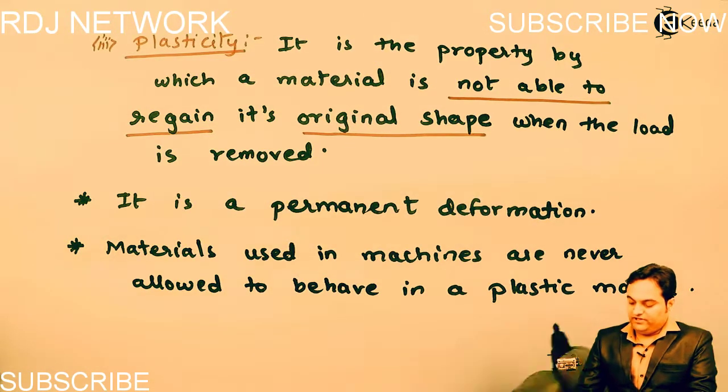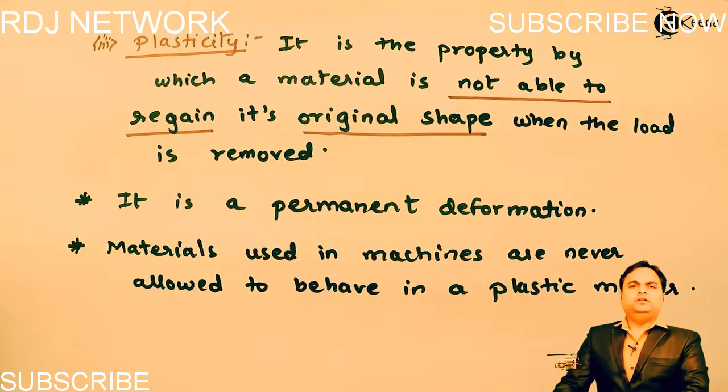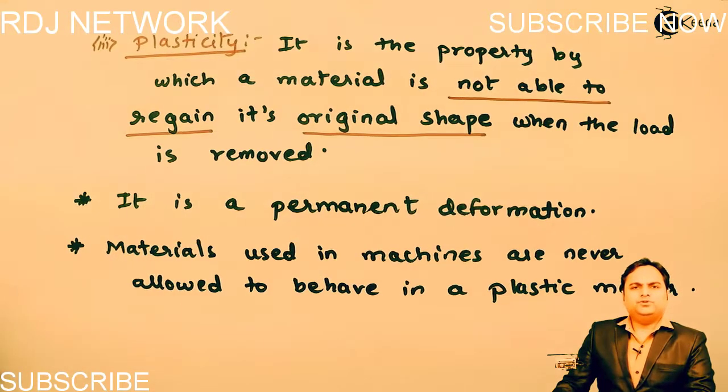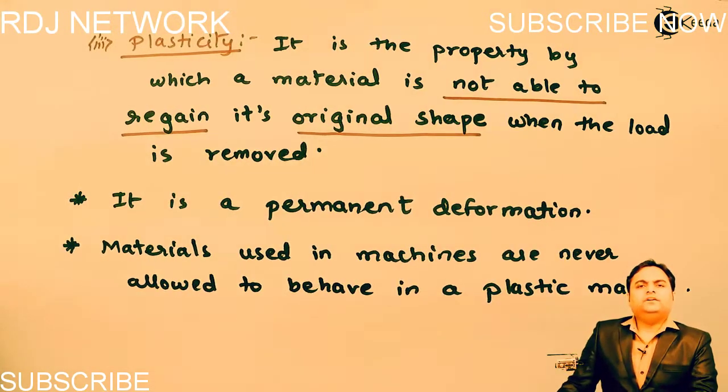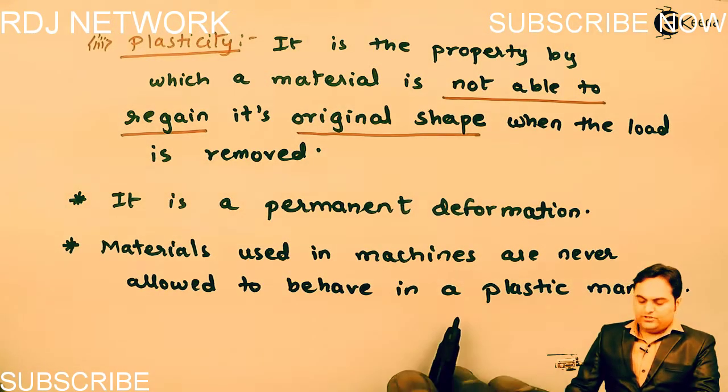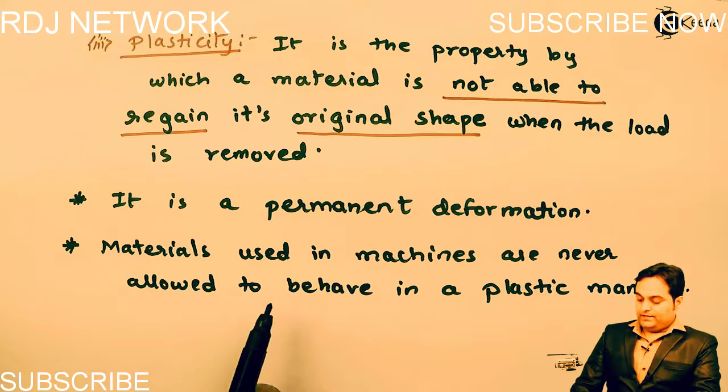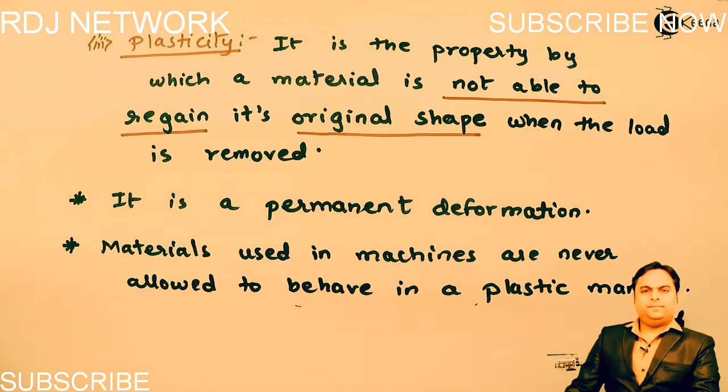See, this is a very important consideration. Whatever materials we are using for machine design, they should not operate in a region where the deformation would be plastic. That is, they are not allowed to behave in a plastic manner.